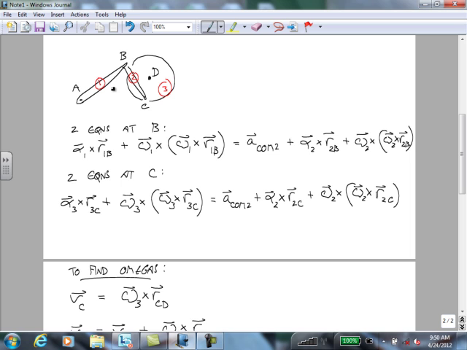You can always use those from any point to any other point. The only thing that has a preferred about point is rotational Newton's second law. When you do that, the rotational Newton's second law says you have to use the center of mass or you have to use a fixed point. But until that point, there's no preferred anything. You're just trying to make the math as simple as possible.